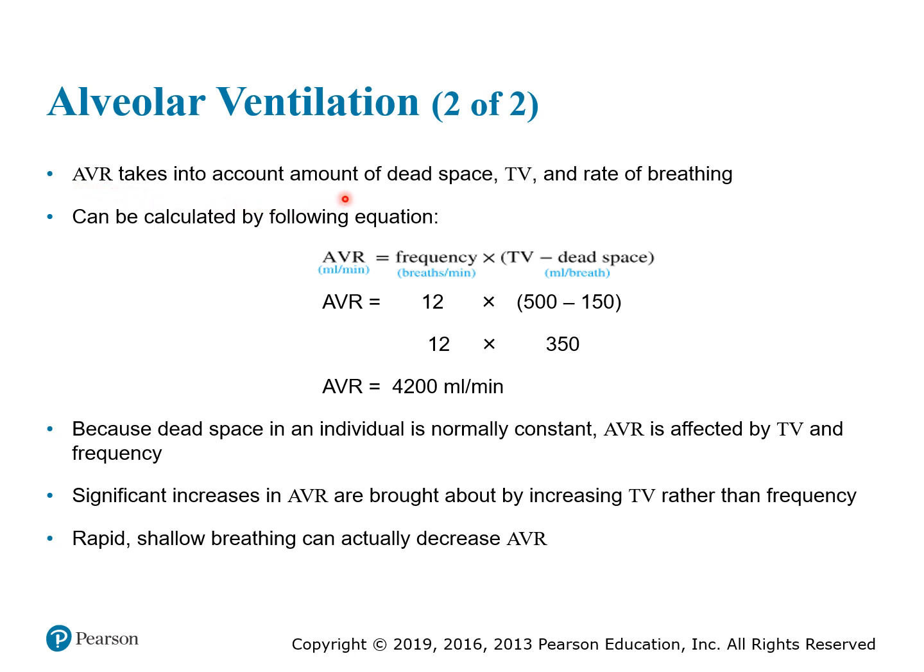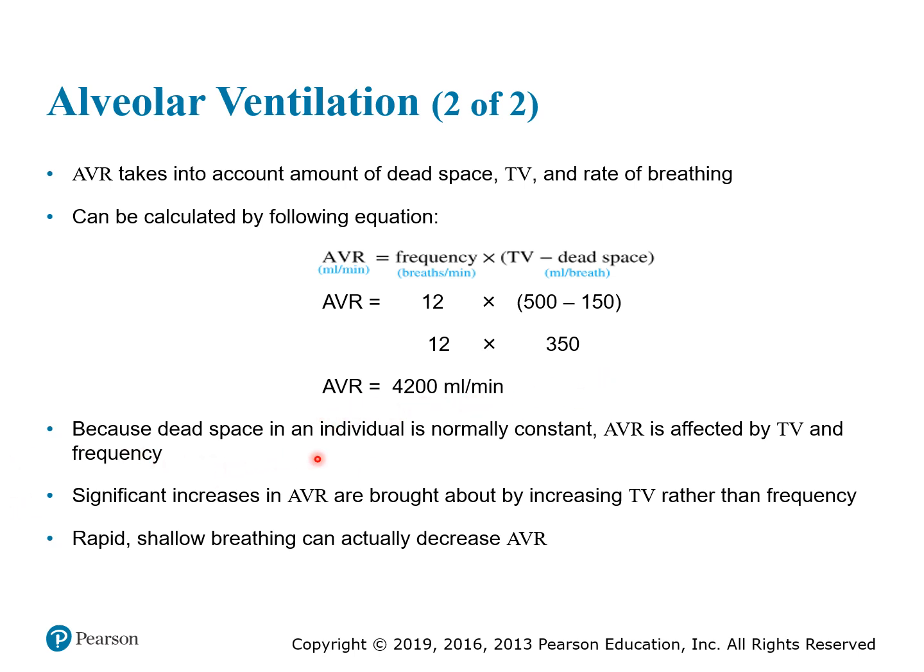It takes into account the amount of the dead space, tidal volume, and the rate of the breathing. It can be calculated by this formula. Alveolar ventilation rate is equal to frequency of the breaths per minute times tidal volume minus dead space. So if we put in the values, we come to 4200 ml per minute.